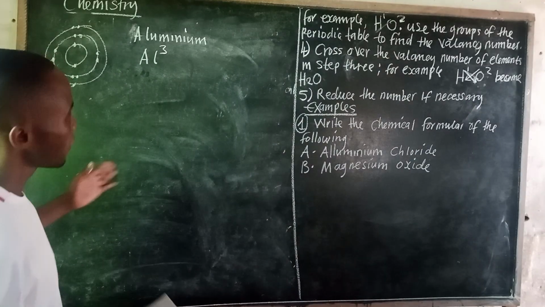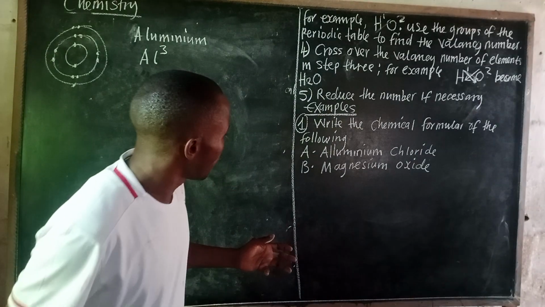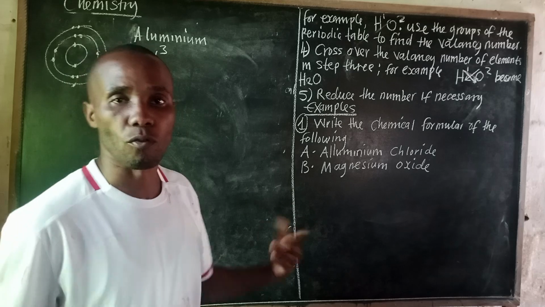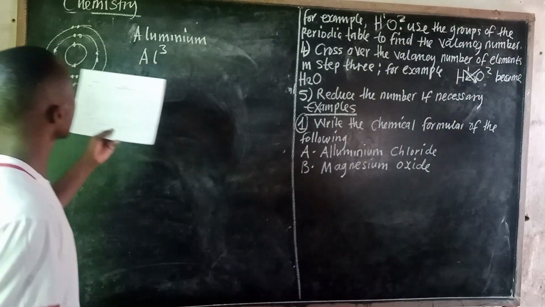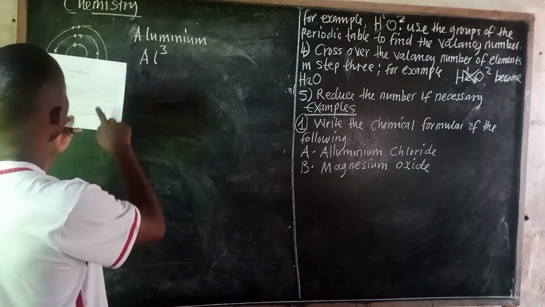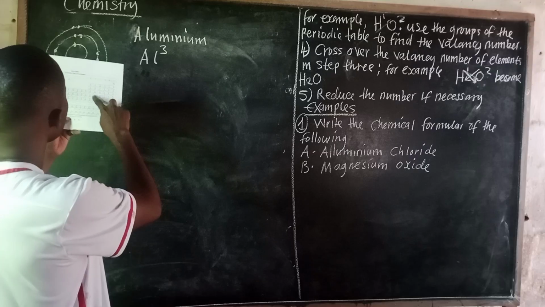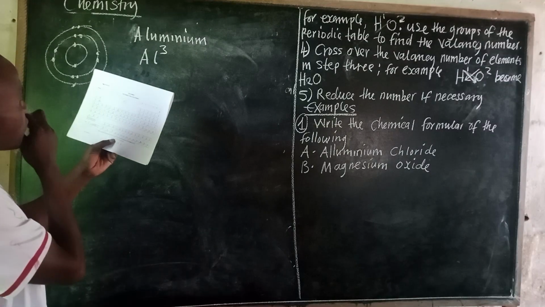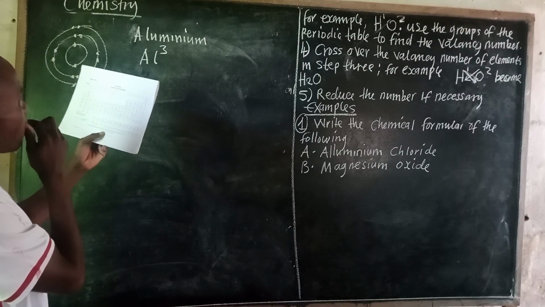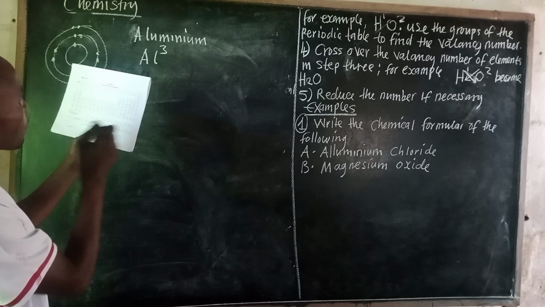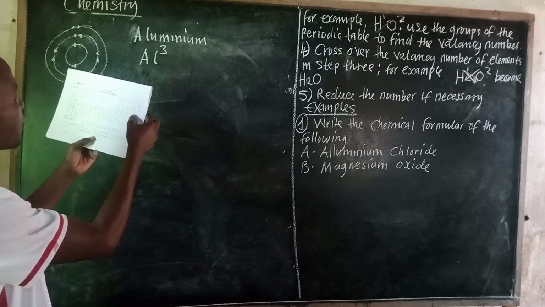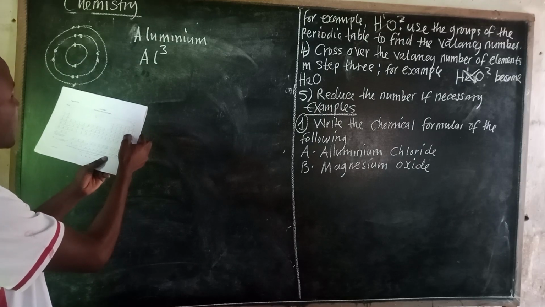Okay, then the other element involved, aluminium chloride, is chlorine. Chlorine is in group what? When we check properly, chlorine is in group 7. Okay, chlorine group 7.